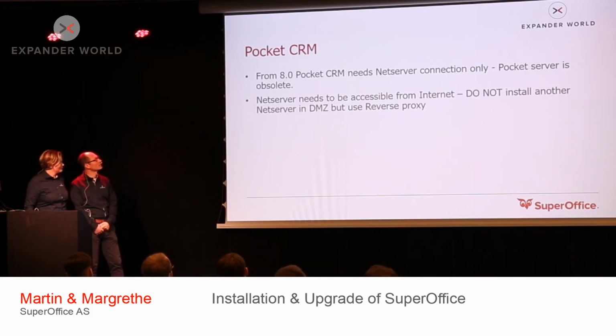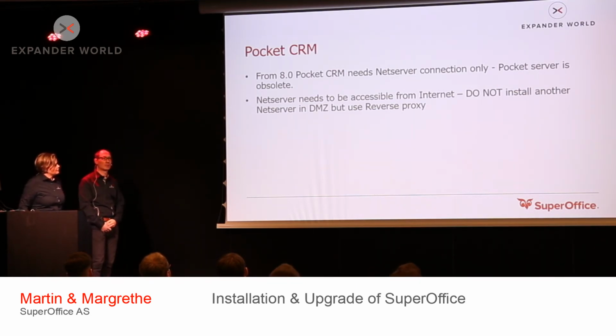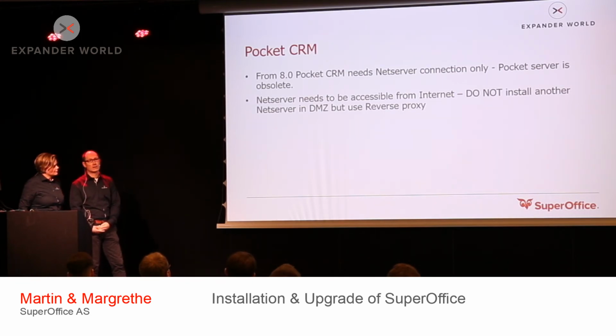Pocket, just a few words. I'm sure you all know that the Pocket server is obsolete. We connect the Pocket client directly to net server services. There was a heated discussion on the tech doc, how to do it correctly. Some people ask if it's okay to install net server on the DMZ and connect it to internal net server as a hop. First, it's dangerous.